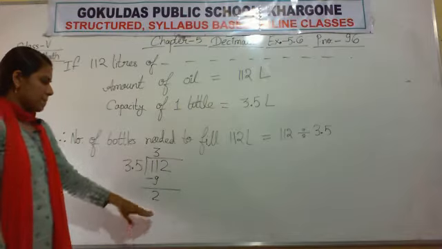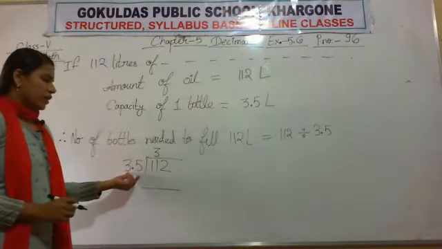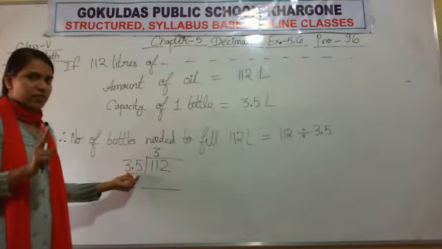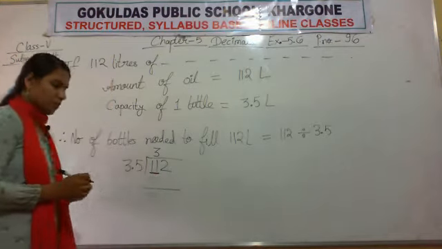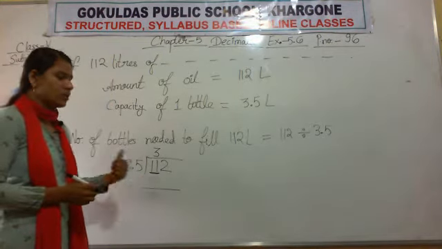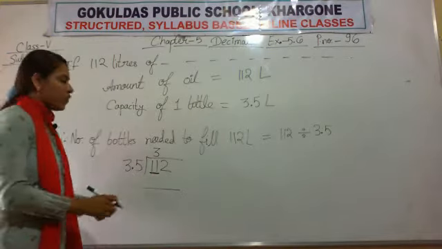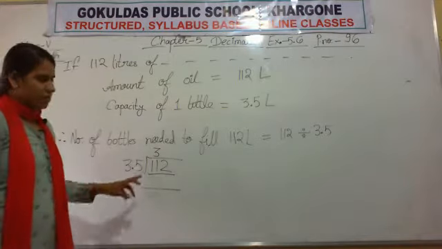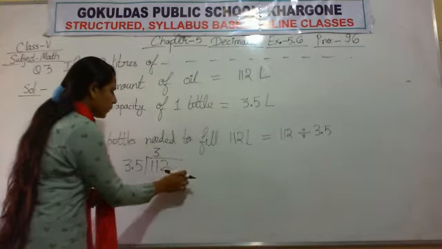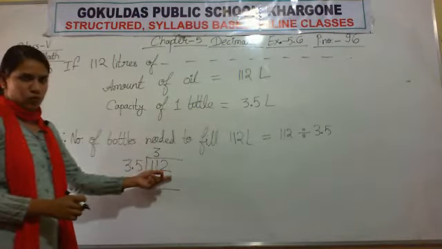Wait. Your divisor is of 2 digits, right? So if I take the first 2 digits of the number, 11 is smaller than 35, so we cannot divide it. So we need to take all 3 digits. Now your number is 112 and you want to divide by 35.